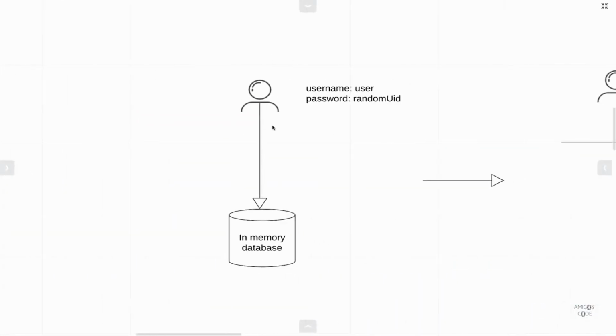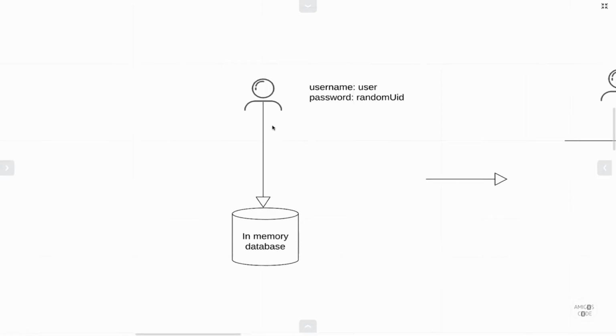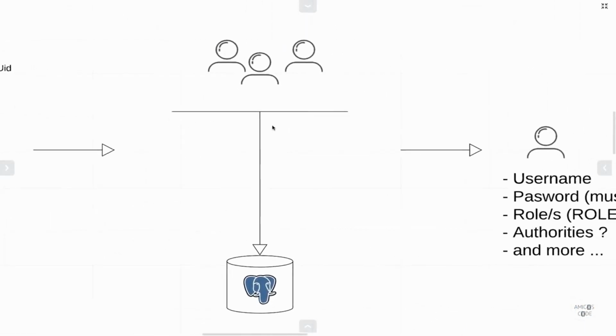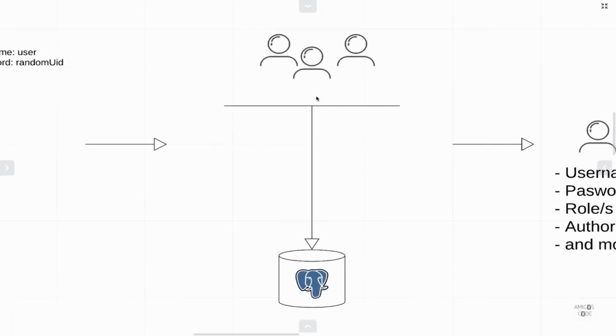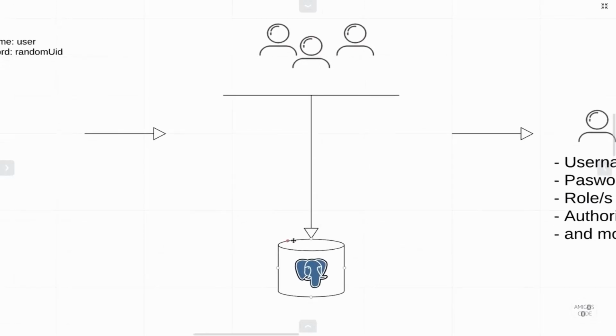Now, obviously, when you develop your own applications, you want to have a bunch of users, i.e. users signing up to your application so that you can then authenticate them as you need. So usually we would have something like this. So you'd have a bunch of users, and then you'd actually store them inside of a real database. So in this case right here, you can see that it's a Postgres database.